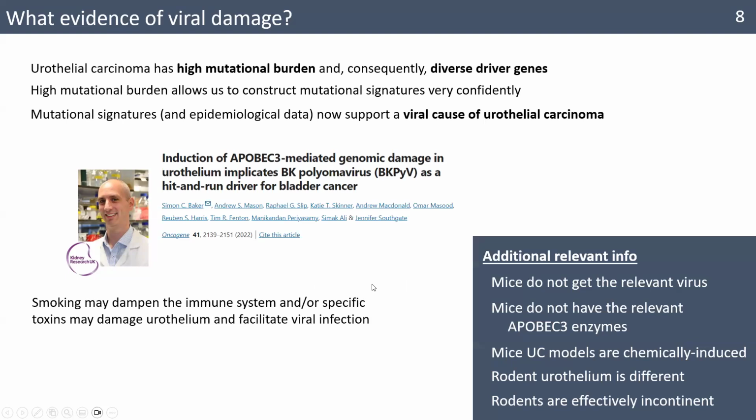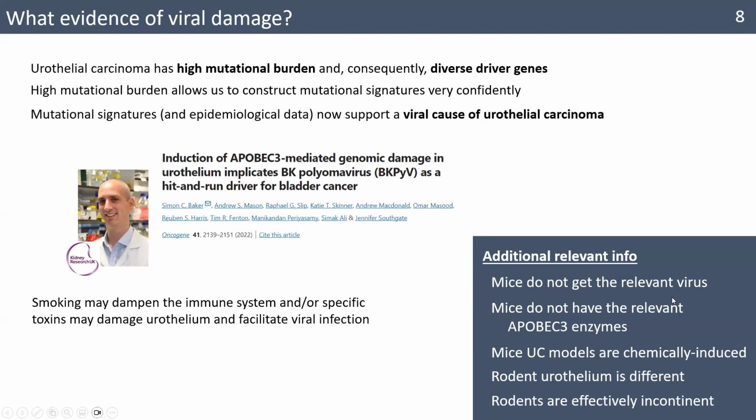Now, it's really, really important for our understanding. You'll typically find lots of cancer papers where we're looking at mice as a useful model. But for bladder cancer, mice aren't the best model. So we need to really focus on human data that's really relevant to us. So particularly for BK polyomavirus and the APOBEC enzymes that cause bladder cancer, mice don't have the relevant APOBEC enzymes.